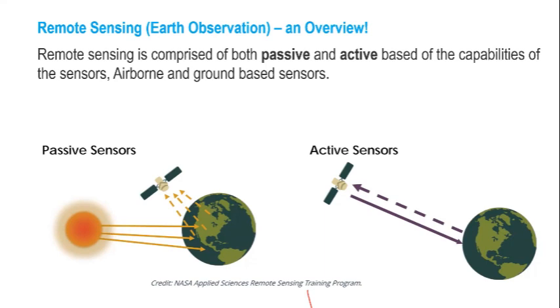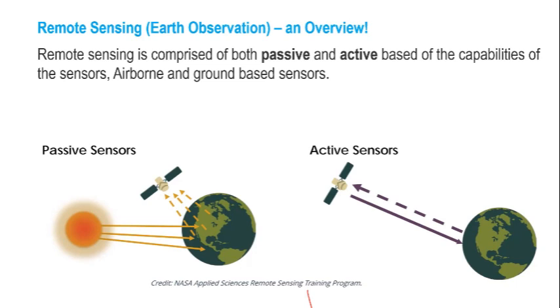While active sensors do not mind if there is sunlight or not, they have their own illumination, and they illuminate the Earth's surface, and they record the response of the Earth's surface in terms of reflectance into the system. Now, for us to be able to move forward, we have to decide which one we want to work with. I'll give you examples of these two.